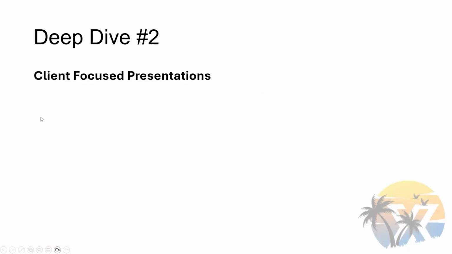Moving back into our presentation, we're going to jump into deep dive number 2, our client-focused presentations. As designers, we can often look at a floor plan and know exactly what is going on and see what is in that typical, whether it's a box file or a file, or a height adjustable table or a fixed table.